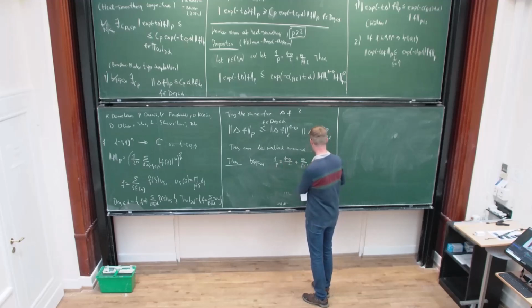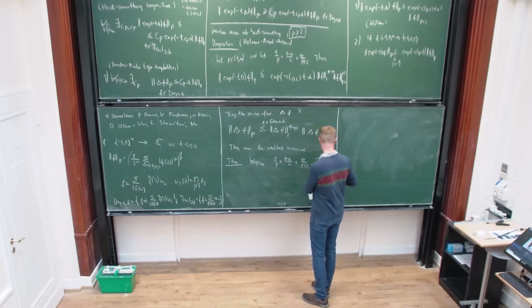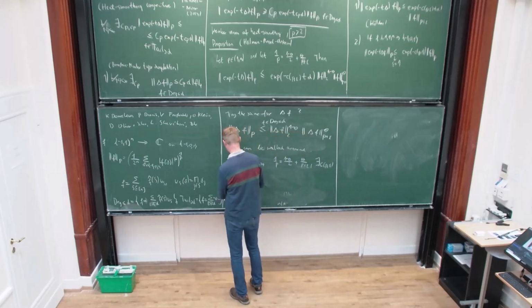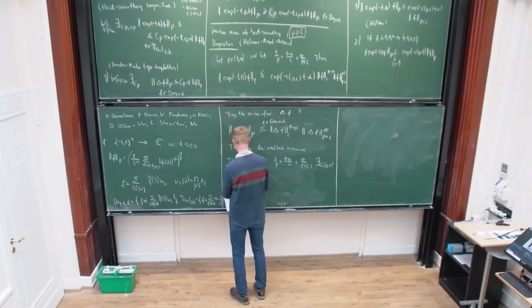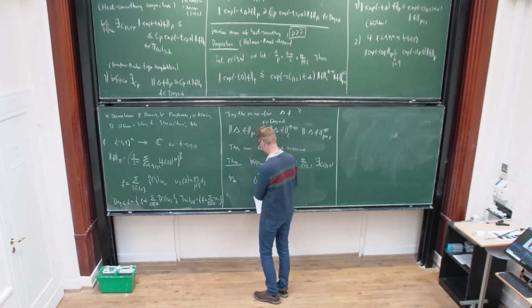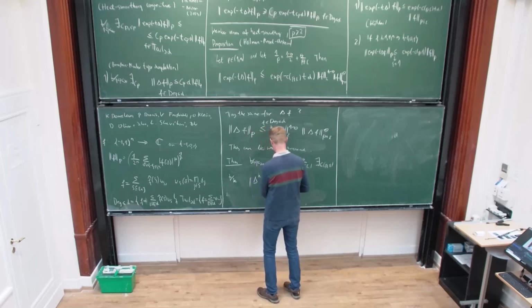There is a constant C of p and epsilon depending only on p and epsilon, but not the dimension, such that for all k, I'll tell you in a moment why this k is needed here, we have this estimate. So not only can I estimate the operator applied to a function f, but also powers of it applied to f in the LP norm.